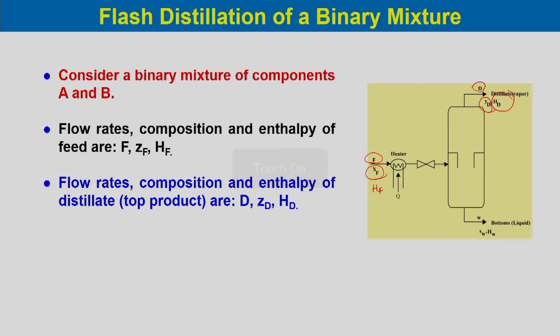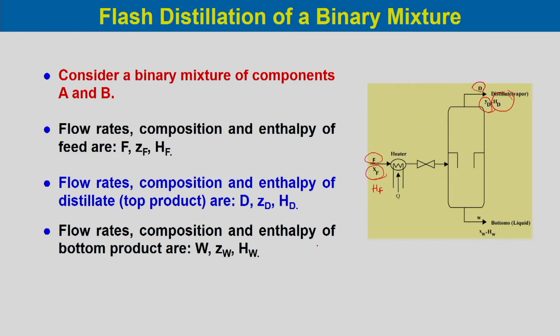Then for the bottom products, W is the molar flow rate of the liquid coming out as bottom product. Its composition of the lighter component is XW, and its enthalpy is HW. So the conditions for a particular solute are given at feed, distillate and bottoms.